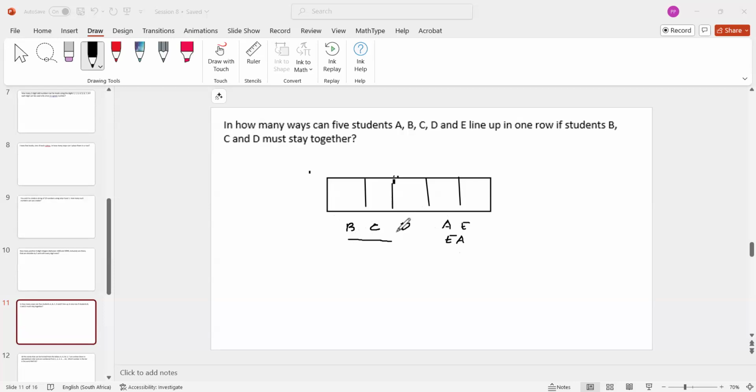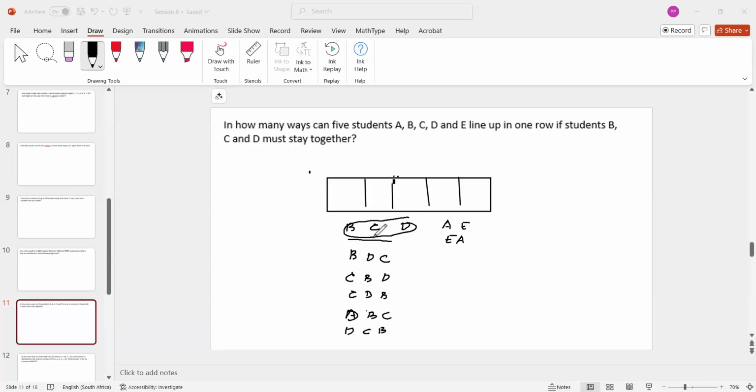Now, instead of B, C, D, I could have mixed these guys around. I could have had B, D, C, starting with B, or I could have had C, B, D, or C, D, B, starting with C, or starting with D, I could have had D, B, C, or D, C, B. So these three can be arranged in 6 ways.